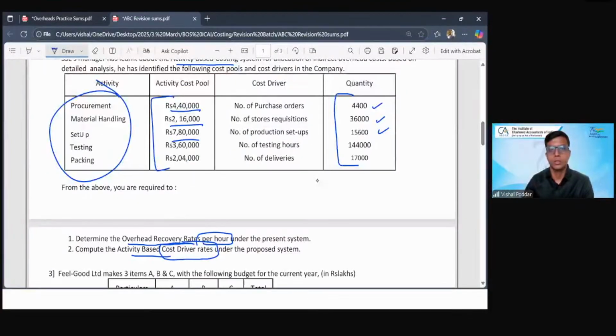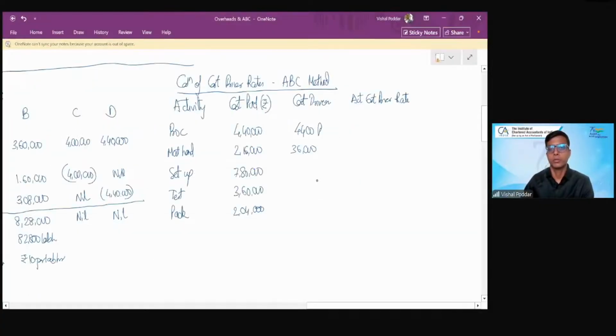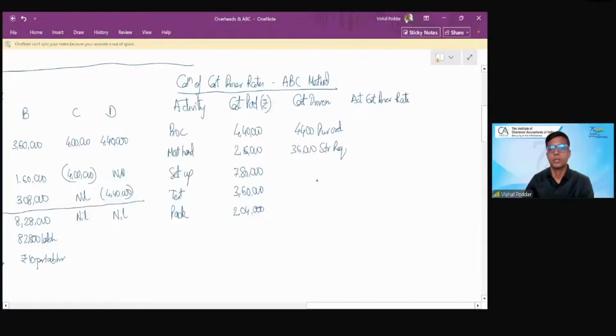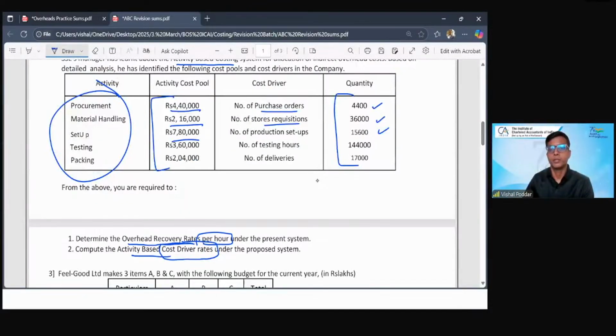What are these? These are purchase orders, store requisitions, setups, testing hours, and deliveries.